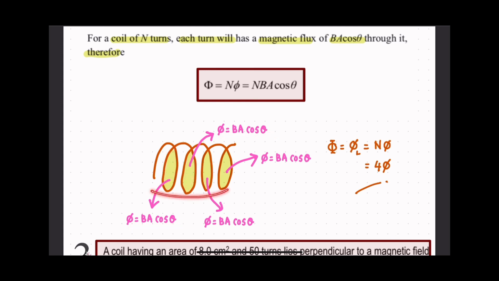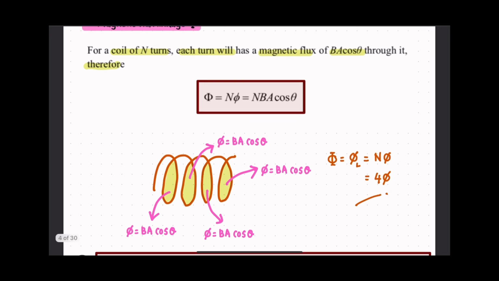So total of these surfaces adalah magnetic flux linkage. So ni adalah simbol magnetic flux linkage. You also can use phi with capital L subscript, which is equal to N times flux. So kalau macam contoh yang ni, dia adalah 4 times magnetic flux. Itu adalah magnetic flux linkage.